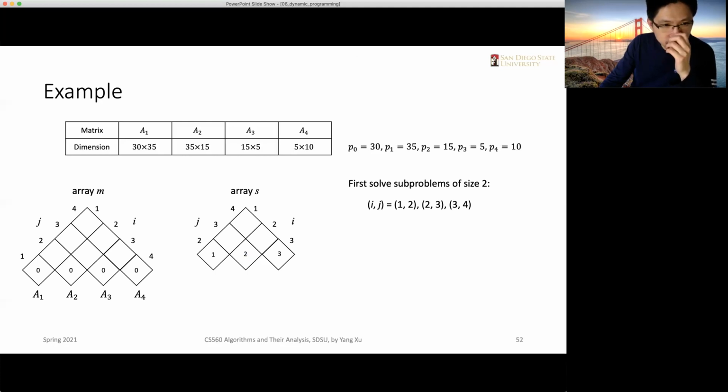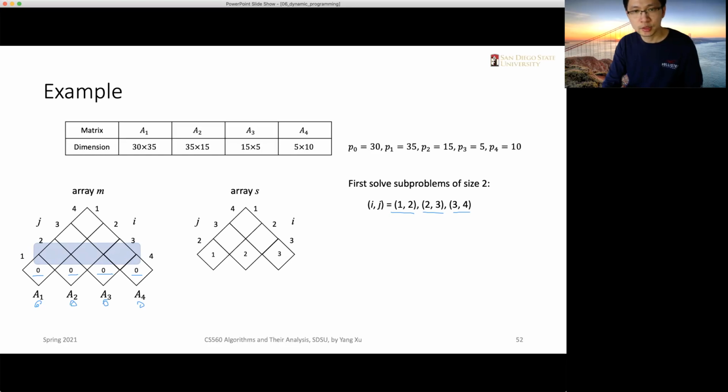First we need to solve the subproblems of size 2, which are basically these three subproblems: A1 times A2, A2 times A3, and A3 times A4. And remember, these are the pre-filled zeros, because they indicate the smallest cases that don't need to be computed at all.